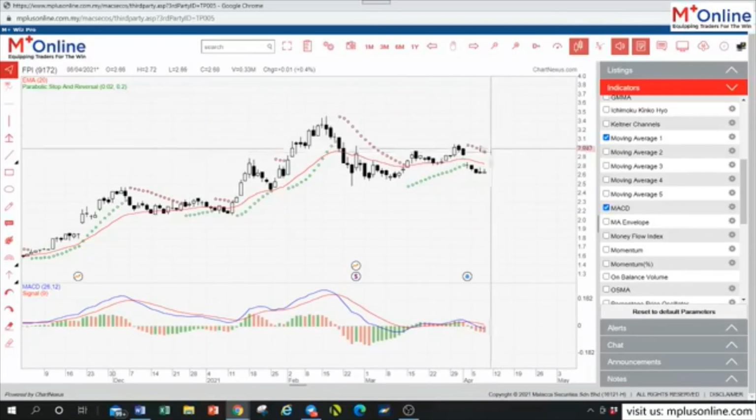Because right here we can see that it's very obvious that FPI is trading sideways right now. So if you're trading purely based on parabolic SAR right here, you might have quite a number of false breaks before it develops into a trend. And when I say it develops into a trend, it's not necessarily only an uptrend. It can develop into a downtrend.